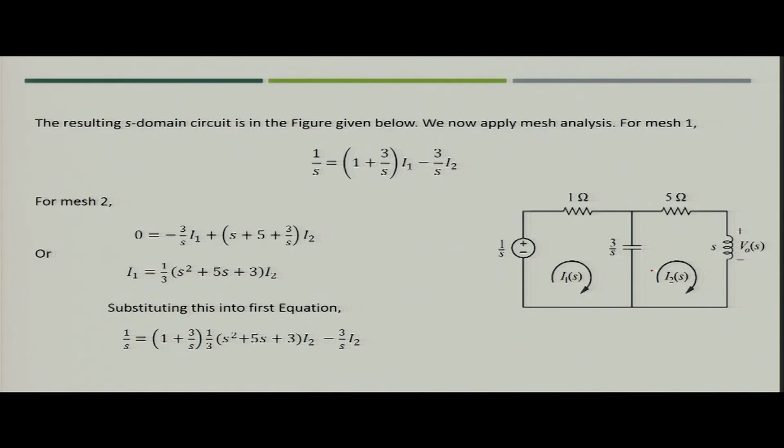Now, if you see the circuit, you can utilize the mesh analysis. So, let us say that the current I1(s) is in loop 1, I2(s) is in loop 2.